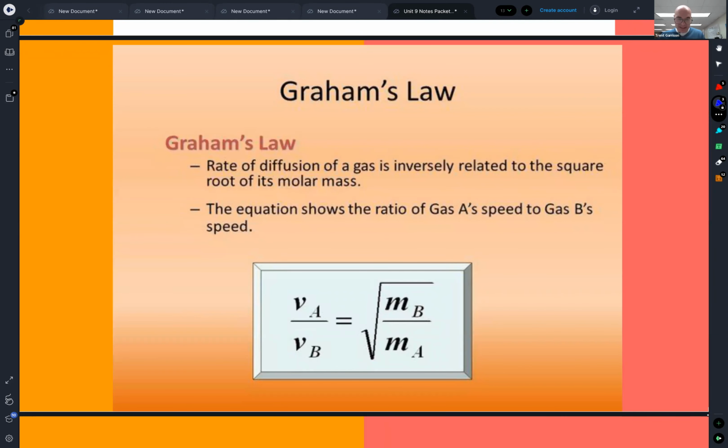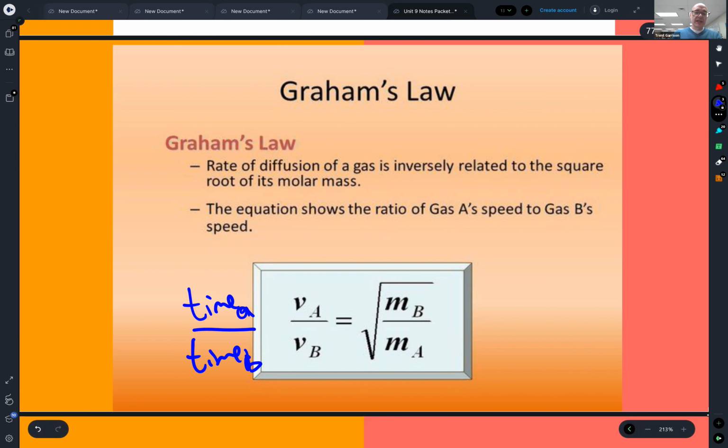Graham's law says that the inverse of the square root of the masses of two gases is equal to the ratio of the velocity, or it could be the amount of time that it takes for the gases to pass a certain point. So time and velocity could be equally related here.